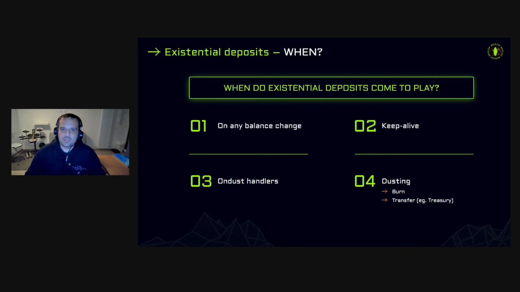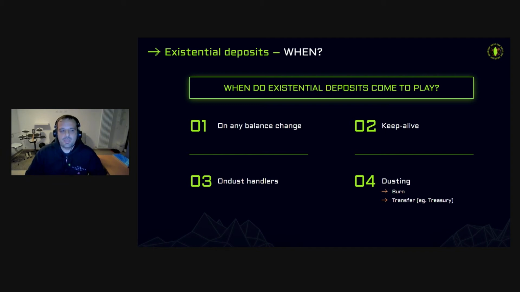When does the existential deposit come into play? Short answer: basically on any balance change. For example, during each transfer, the existential deposit is checked. If the remaining balance would be less than the existential deposit, the transaction would fail.